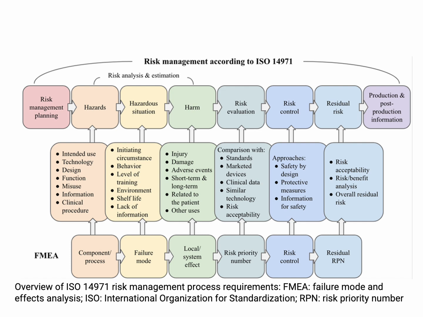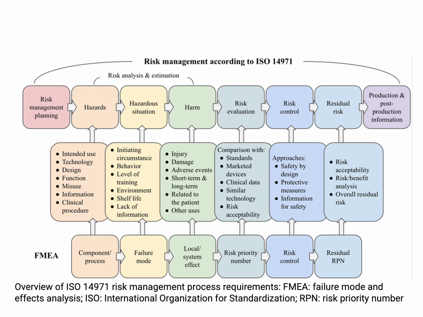Then we are going to evaluate the risk. We will now set in place some ways to control the risk. Then we are going to talk about residual risks. And then we are going to end with the production and post-production information. This is what I wanted to state from the first line on the top of this slide.